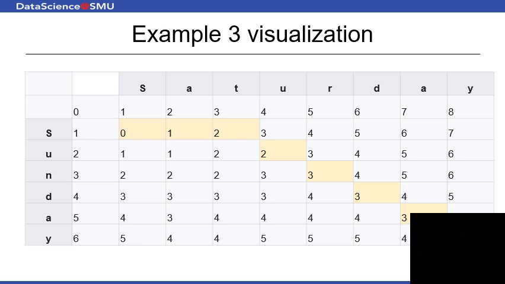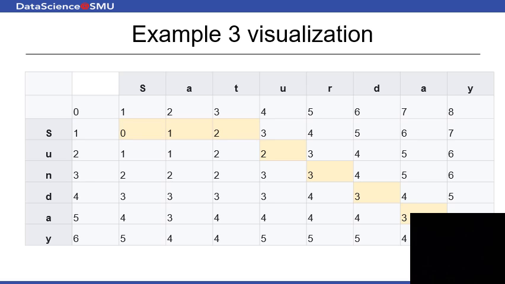Here's another example where we're comparing two strings, in this case two days of the week, Sunday and Saturday. We start in the upper left where S is equal to S, so the difference is 0. We're inserting an A, the difference becomes 1. Inserting a T, the difference becomes 2.